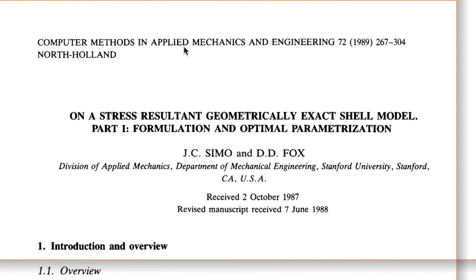So that is a 3D continuum, and that is the approach followed in the degenerated solid approach, and it is quite popular, and that is the oldest approach which used to be followed.